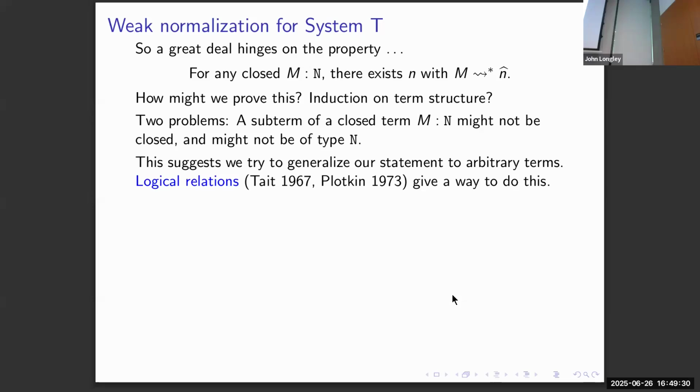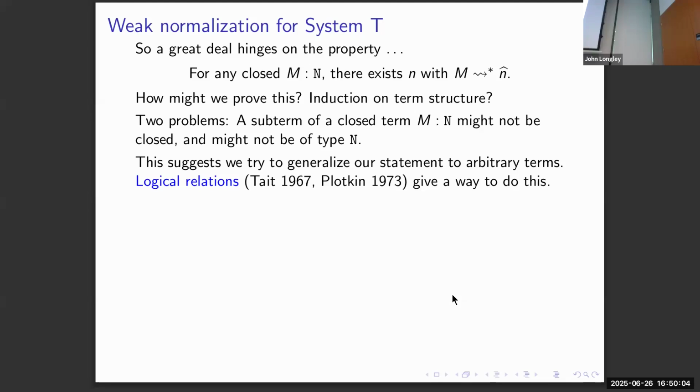And if we want to reason from subterms to terms inductively, then a subterm of a closed term might not be a closed term, because you've got lambdas within the term. It might also not be of ground type. It might have subterms of higher types, and they might involve lambdas, so they will have subterms within them that might not be closed. So a straightforward induction proof of this claim isn't going to work.